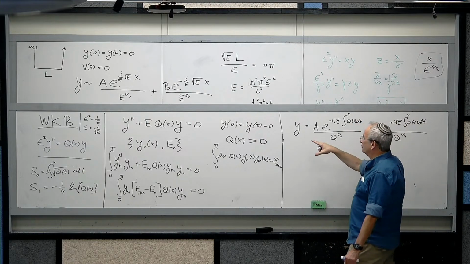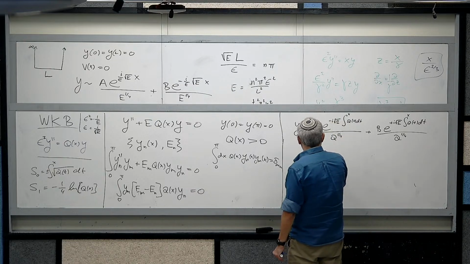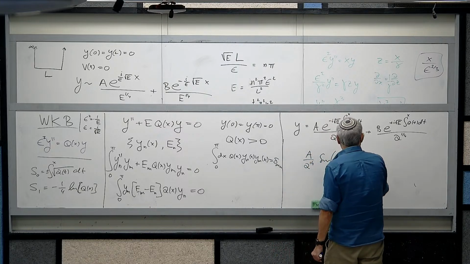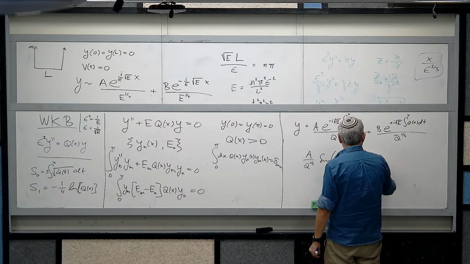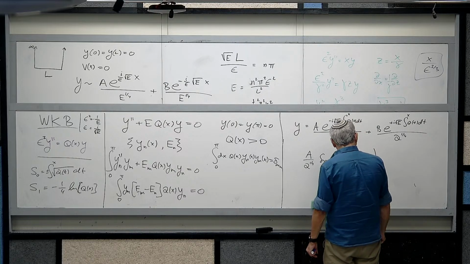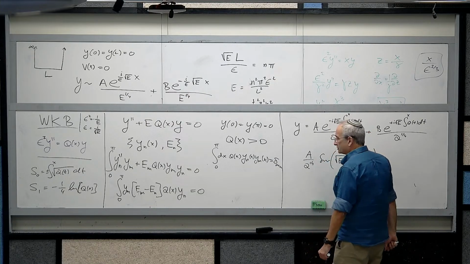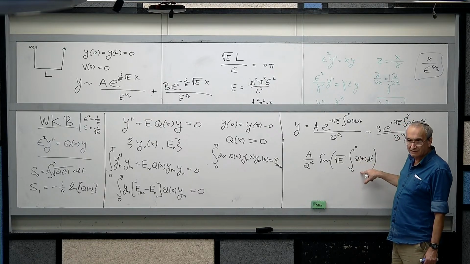And if I want to satisfy the boundary conditions, I can write it as a divided by q to the 1/4, that I don't care about, sine of square root of e, integral from 0 to x of q of t dt. So when x is 0, this is 0, right?